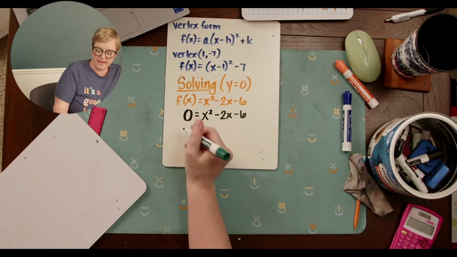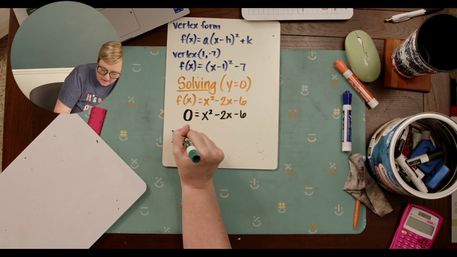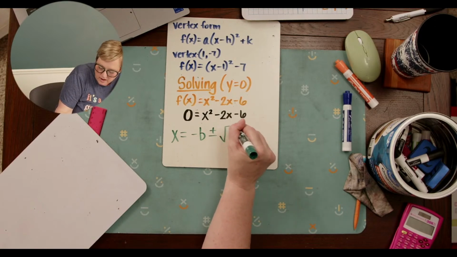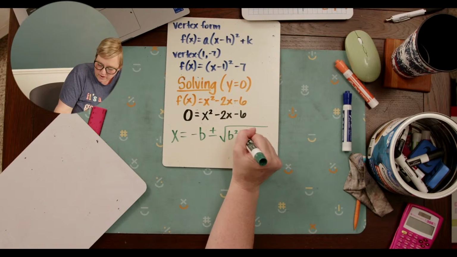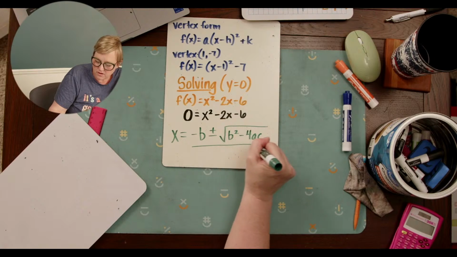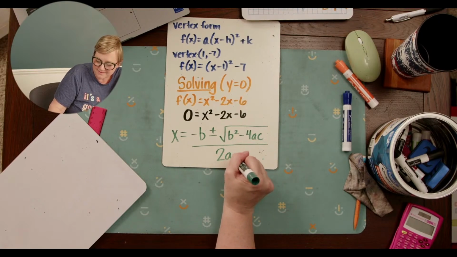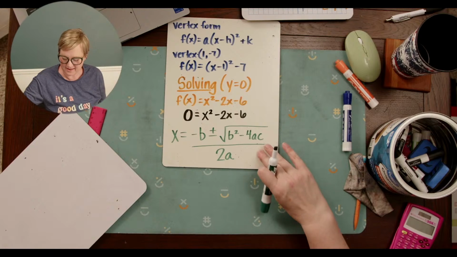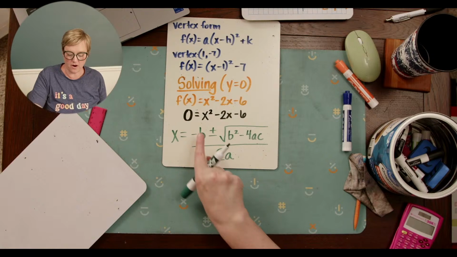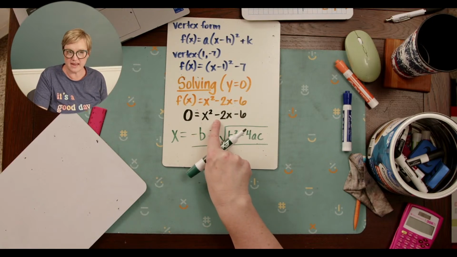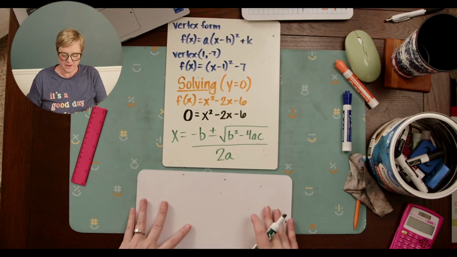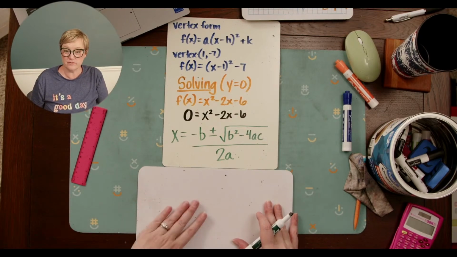Quadratic formula is x equals negative b plus or minus the square root of b squared minus 4ac all over 2a. Okay, so our a is 1, our b is negative 2, and our c is negative 6.